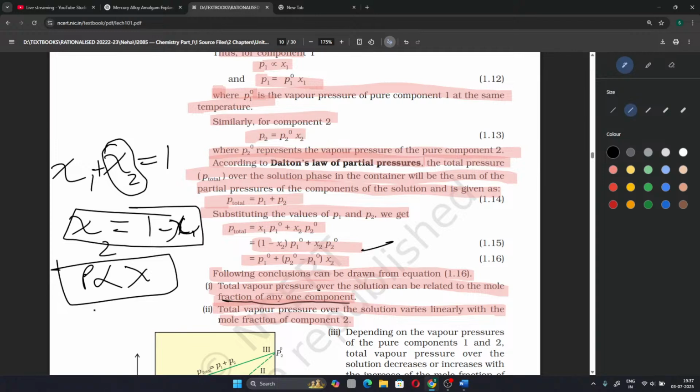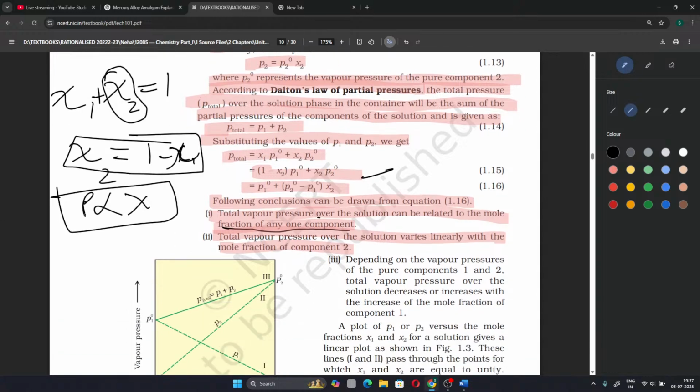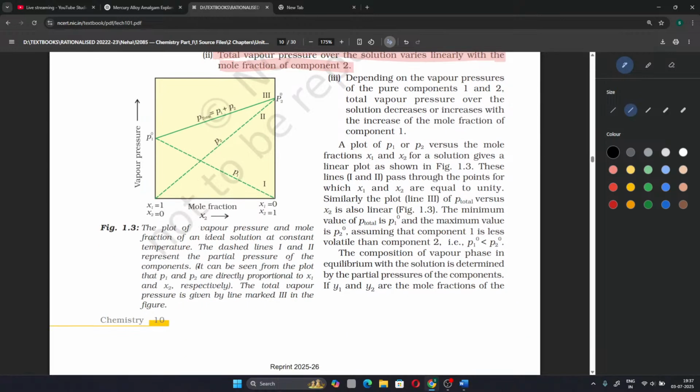Even though the base proportionality is the same, the actual pressure and chi quantities which we take are different. This is a plot of vapor pressure and mole fraction of an ideal solution at constant temperature.